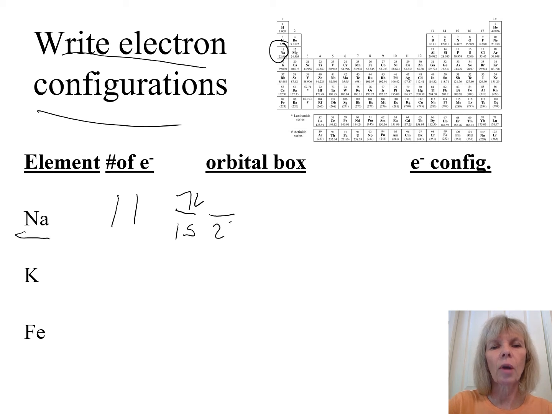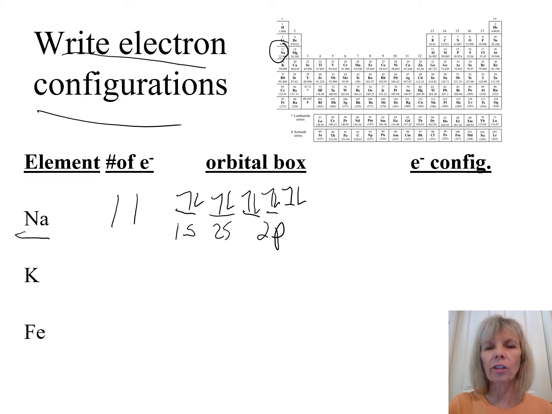Then we go to 2s, which can hold 2 electrons. Then 2p has 3 orbitals. So we can go ahead and spread those out first, and if we need more electrons, now we pair them up. So we've used a total of 10 electrons so far. We have 11, so we need to keep going. After 2p comes 3s.